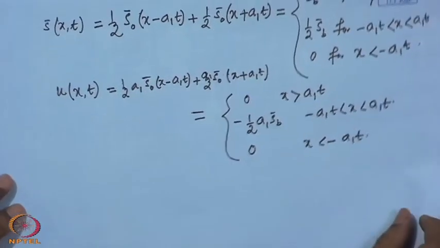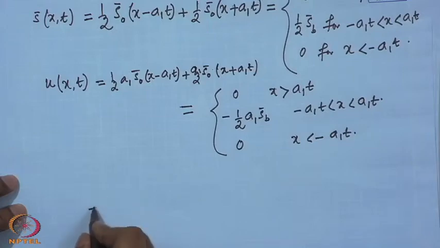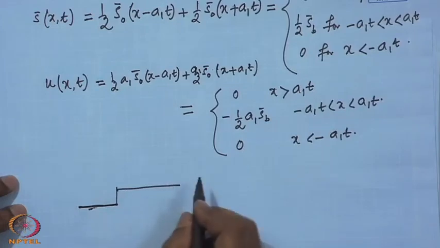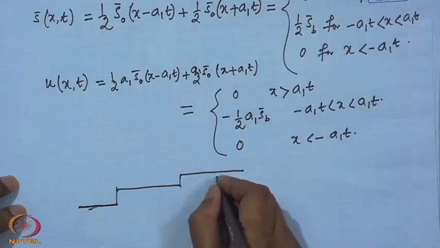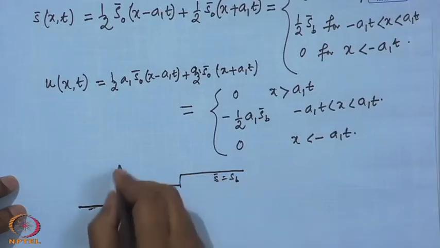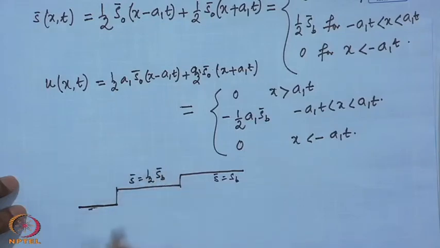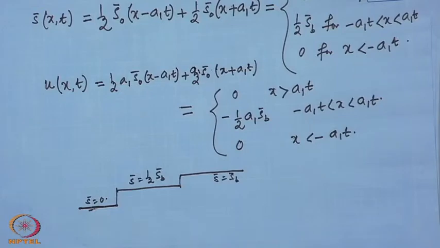That is, we can see that at any time the density distribution is given by this, and this is the solution at time t.